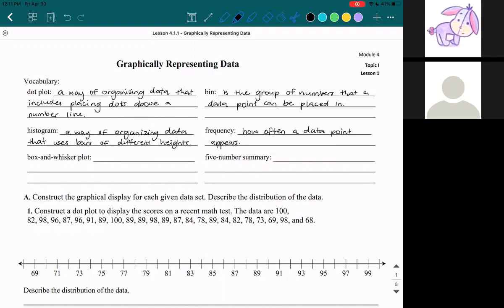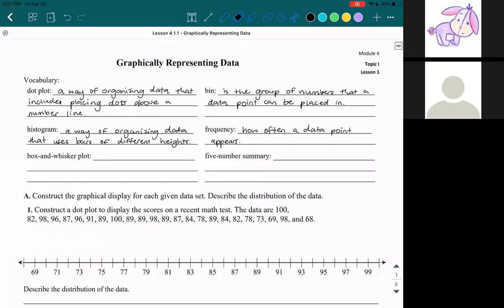Box and whisker plot is another way of organizing data. Oops, sorry about that. This time through the use of quartiles. So a way of organizing data using their quartiles.